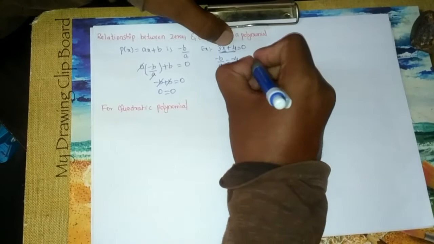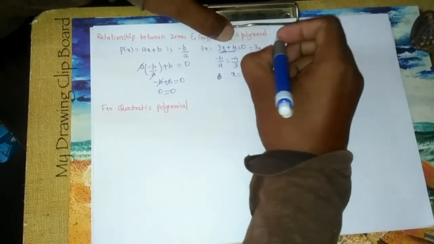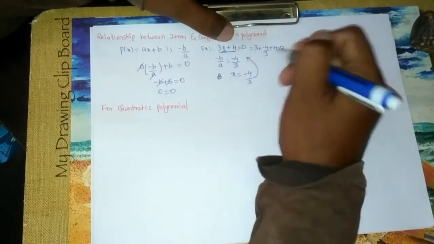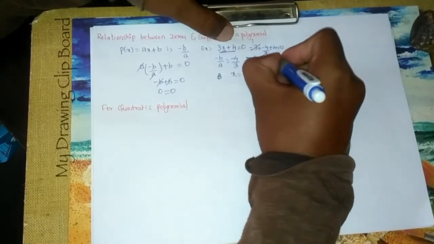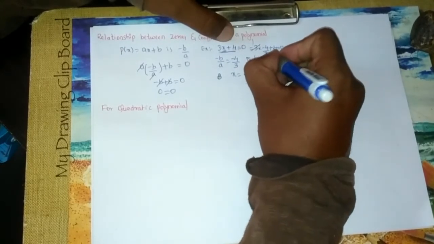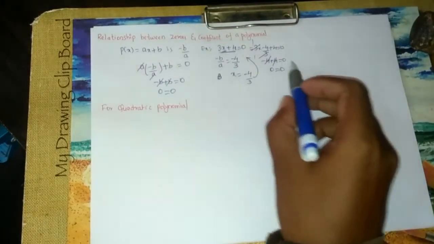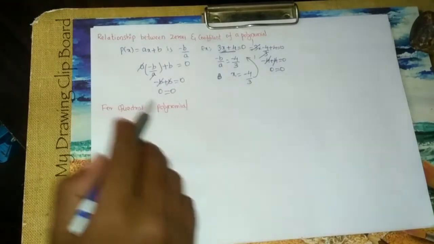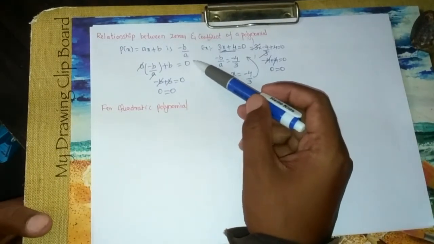Now substitute here: 3 into minus 4 by 3 plus 4 equals 0. The 3 will cancel, so minus 4 plus 4 gets cancelled, and 0 equals 0. So this is the zero of a linear polynomial.